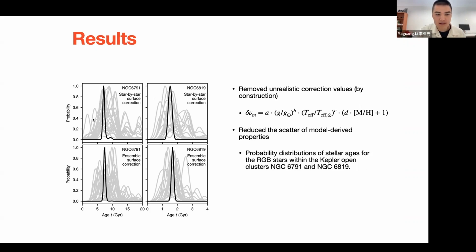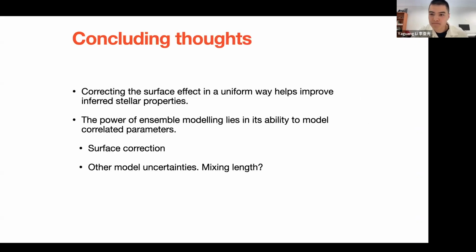And immediately you can see that the age distributions for individual stars are clustered around the center values better. So there are not a lot of outliers compared to the method that we usually use. That is a great benefit of applying this prescription for the surface correction.